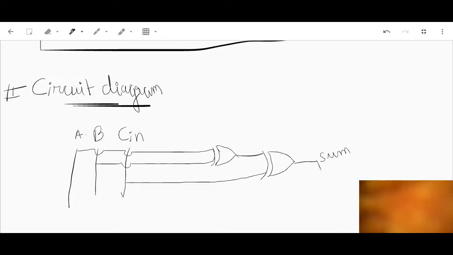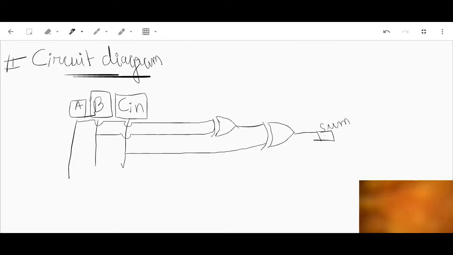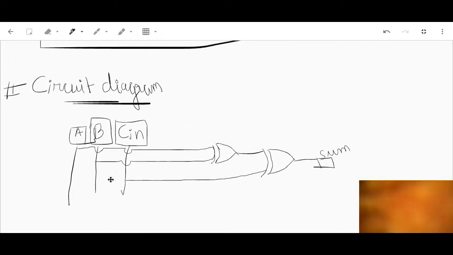This will be the output, sorry, and these three are the inputs. I'll keep this in a box like this.